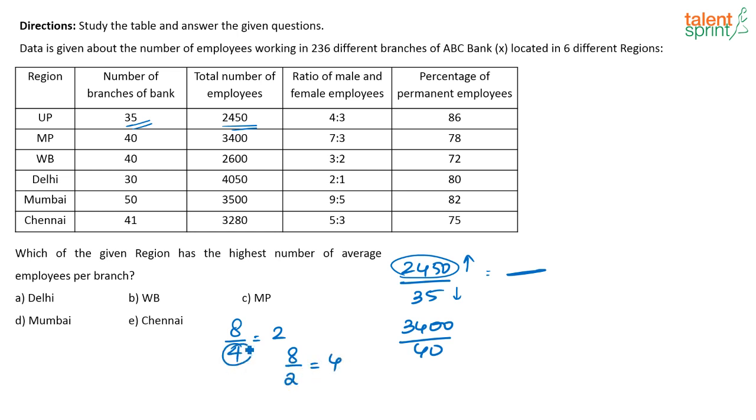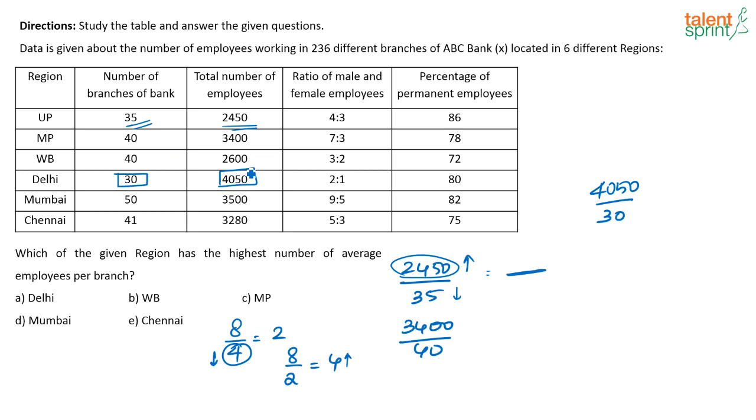Basically when the denominator is a lesser value, the answer is bigger. So if you look at all the regions, the maximum total number of employees is in Delhi, 4050 employees, and it has the least number of branches. So 4050 divided by 30 will definitely be greater than all of these.